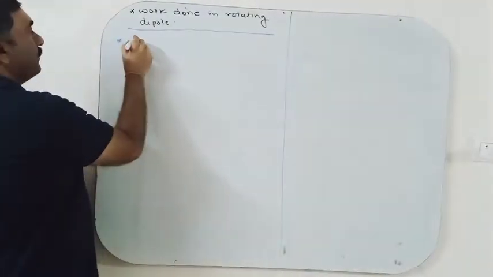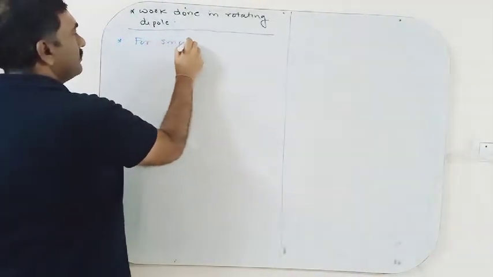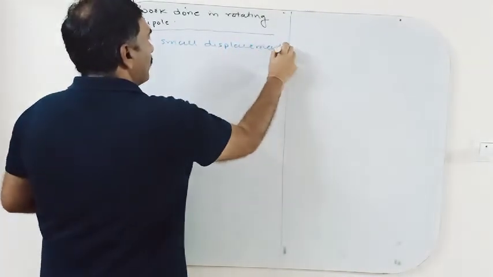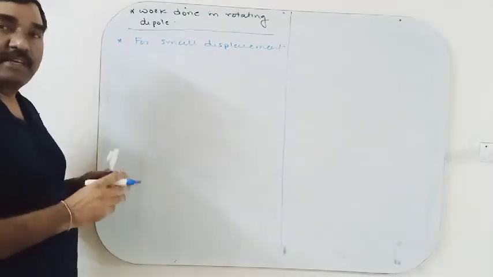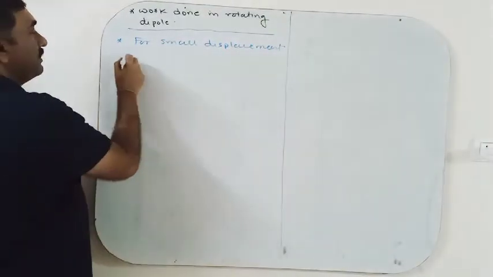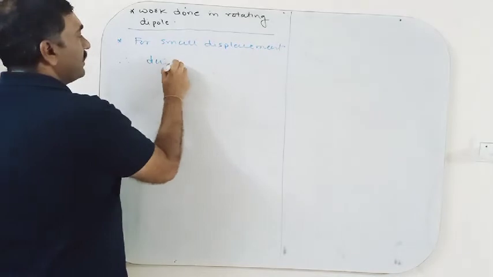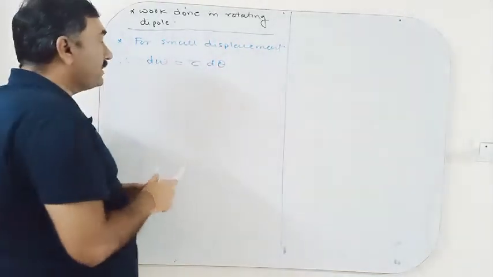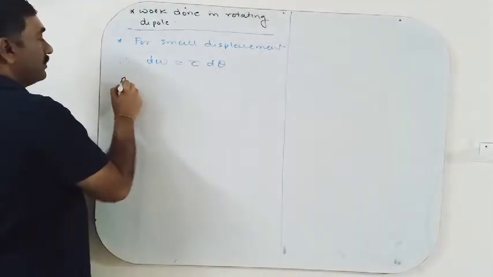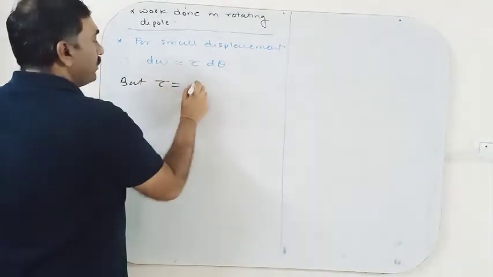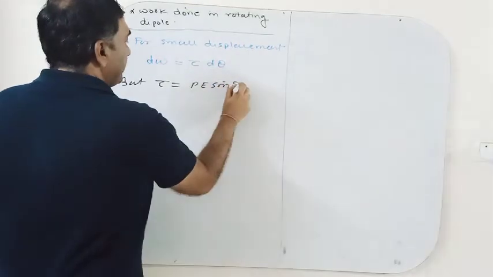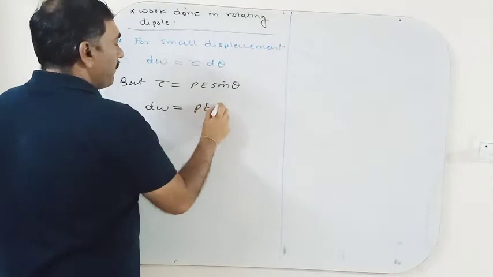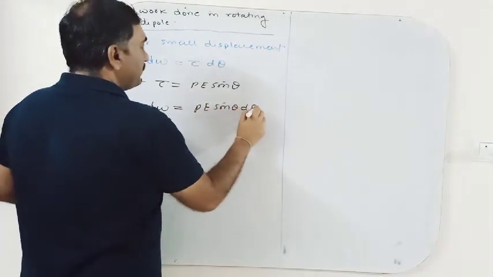For a small angular displacement, we have a small work done dW equal to tau d theta, and we already know the torque is equal to PE sin theta. Therefore dW is equal to PE sin theta d theta.